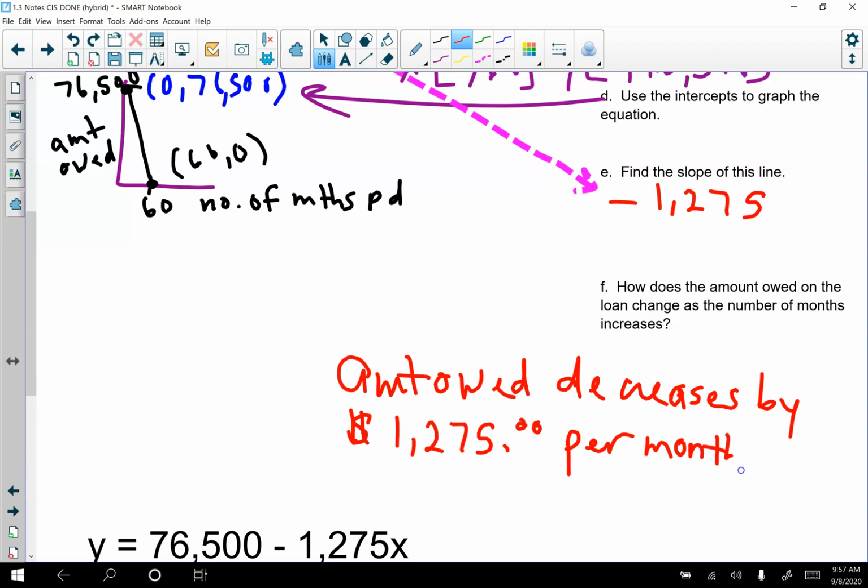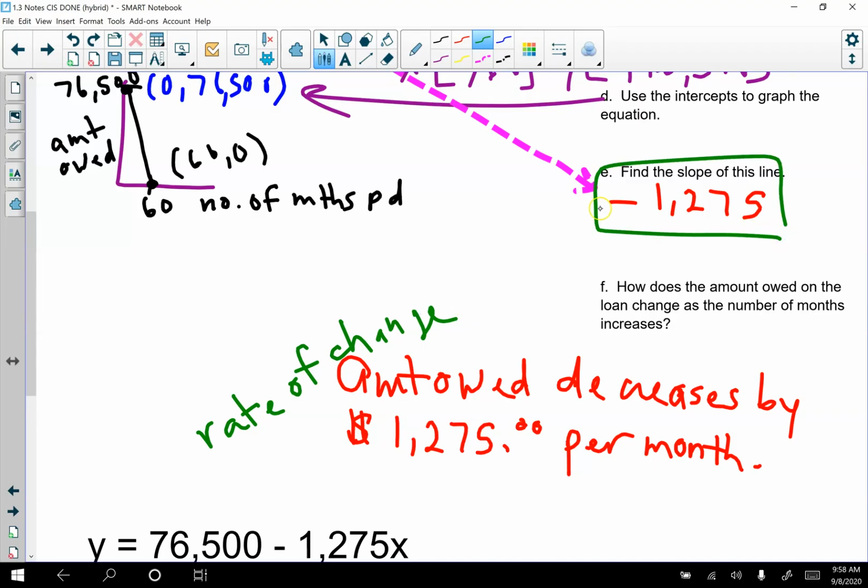And what I just wrote here is really the rate of change, because I took the slope and I made it into basically a sentence.